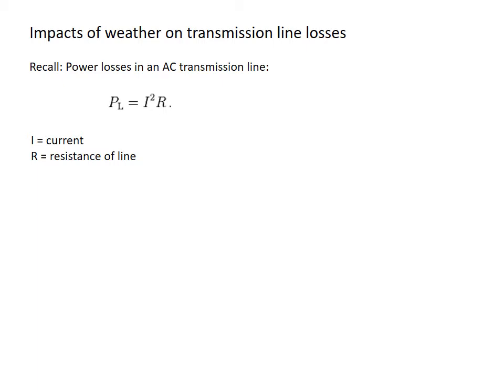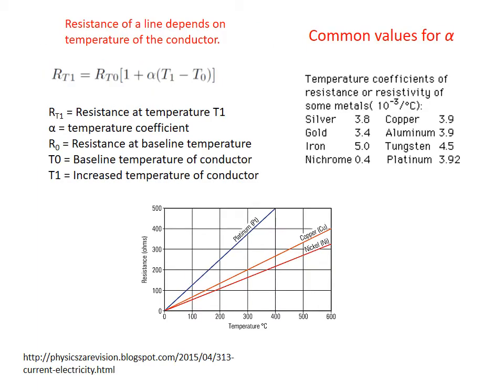So the power losses in an AC transmission line are equal to the square of the current times the resistance of the line. And so we're doing what we can by ramping up the voltage to minimize the value of I here. But the other side of this equation is the resistance of the line. And it turns out that as you increase the ambient temperature, you increase the resistance of the line.